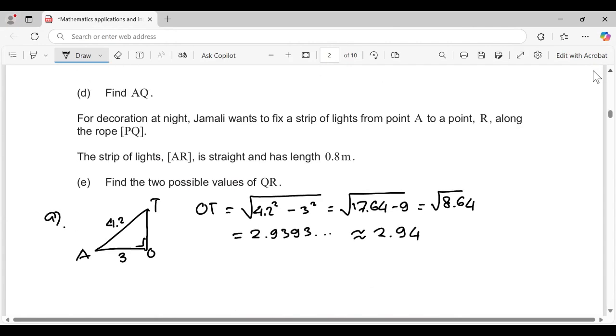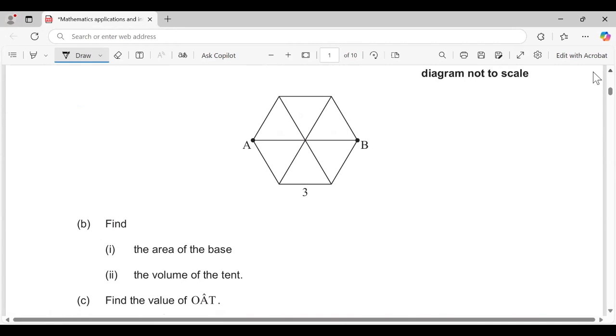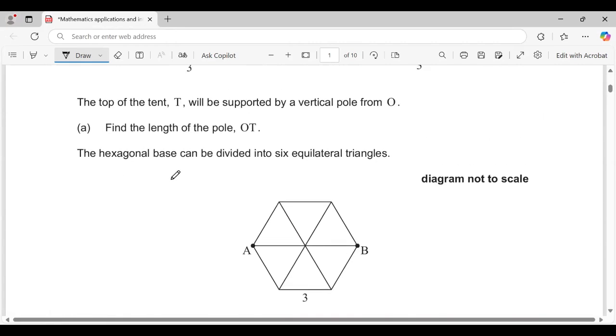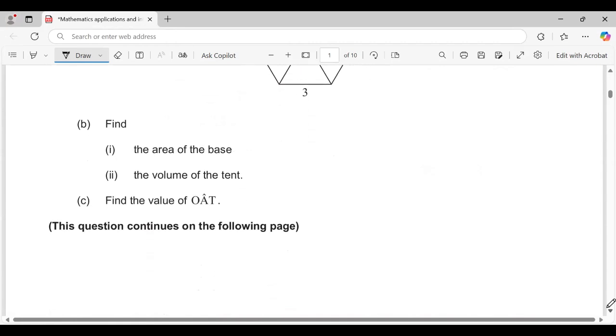Next question, B. The hexagonal base can be divided into 6 equilateral triangles. Find the area of the base and the volume of the tent.